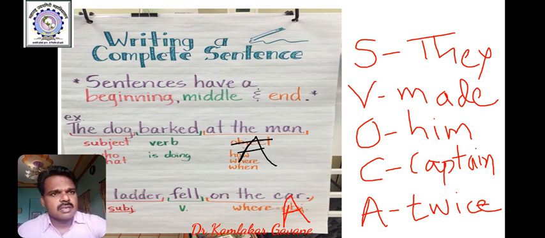They are S, V, O, C and A. Here S means subject, V means verb, O means object, C means complement and A means adverbial. We are going to study each of these parts with examples.